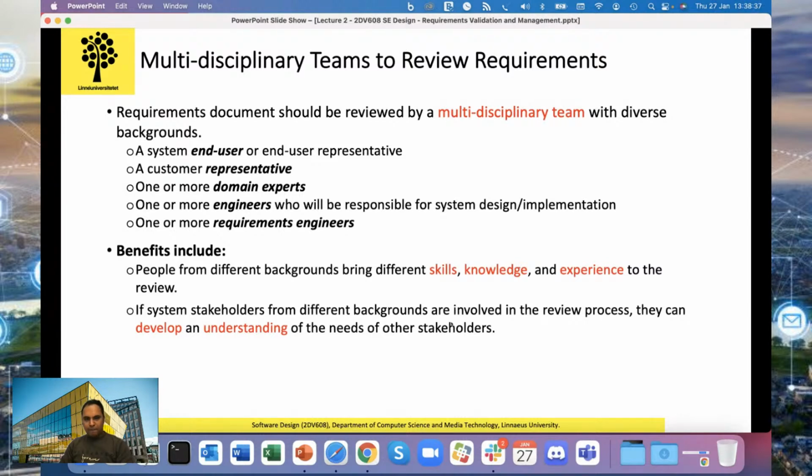Being a developer or tester, I might not have domain knowledge or the end user perspective. So having all those multi-view or multidisciplinary perspectives in the team helps the team members share ideas and develop their understanding of the overall system. So there are many benefits of having this multidisciplinary team for inspecting the requirements.